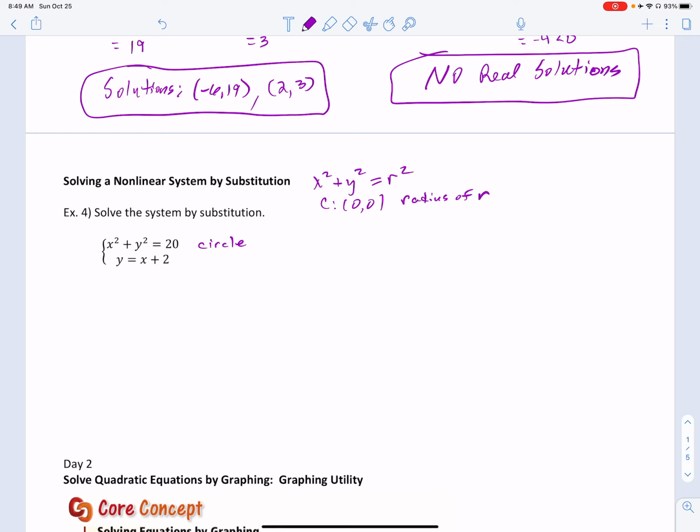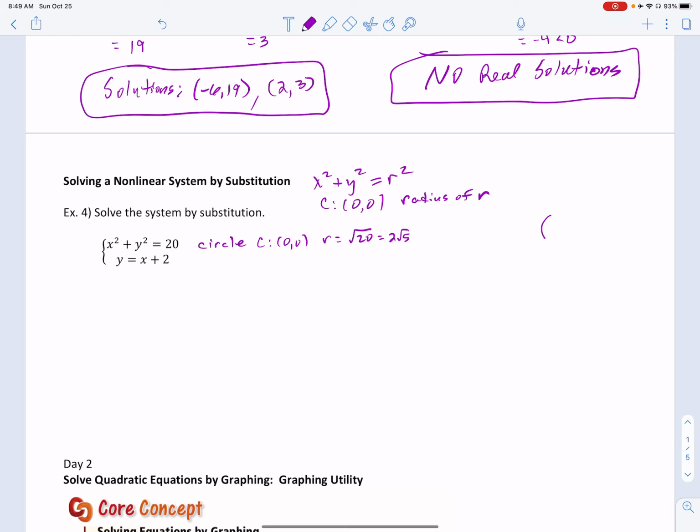And so this is a circle with center 0, 0, and a radius equal to the square root of 20, which we can write 2 root 5. And so we have a circle.